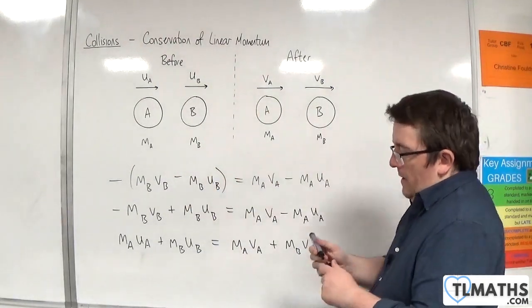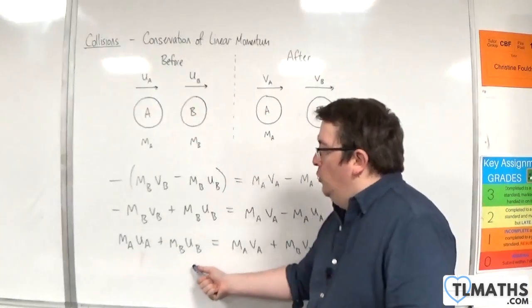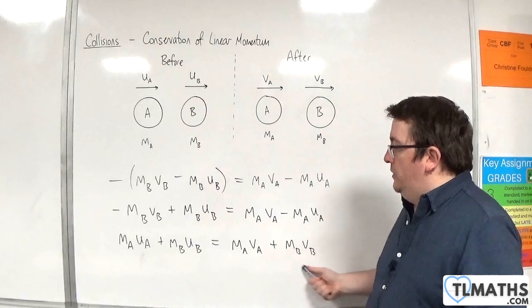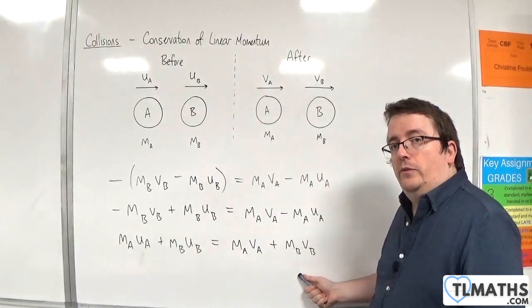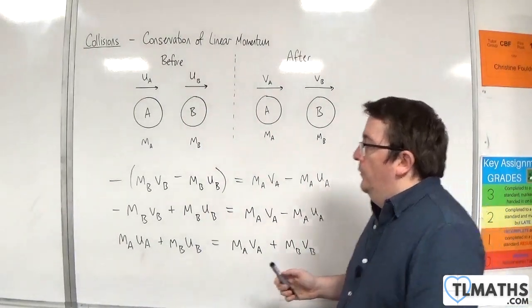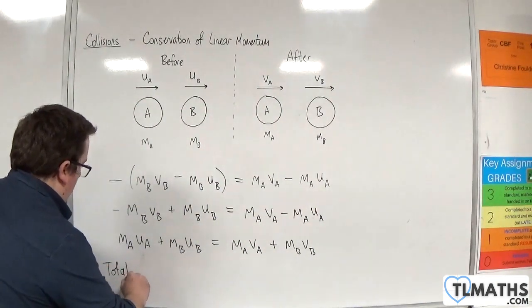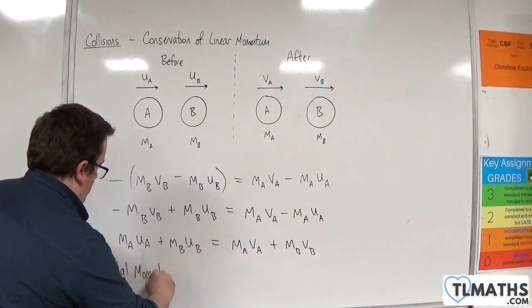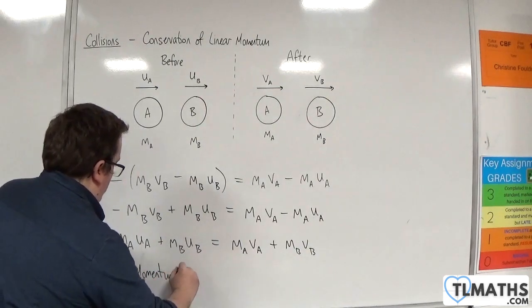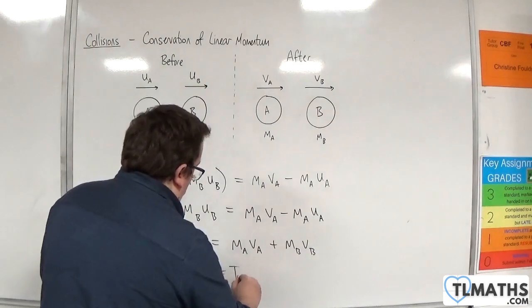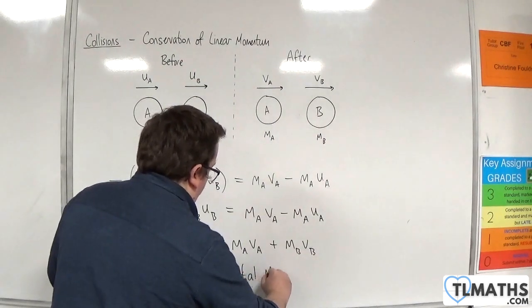So what you've got here is the total momentum before has to be equal to the total momentum afterwards. Okay, so total momentum before equals total momentum afterwards.